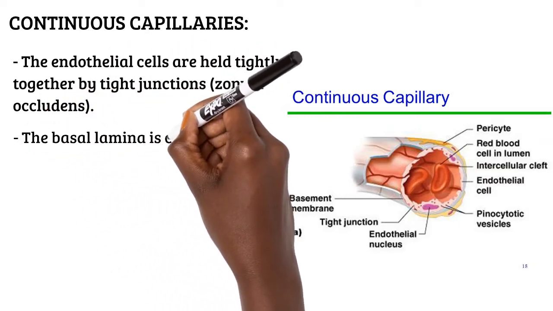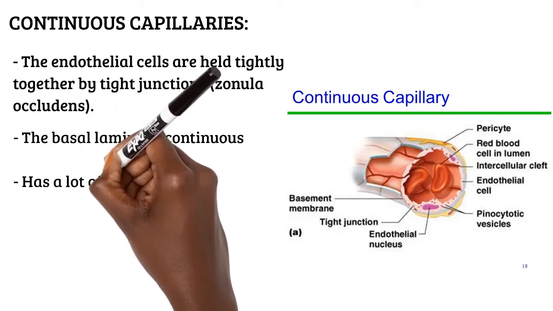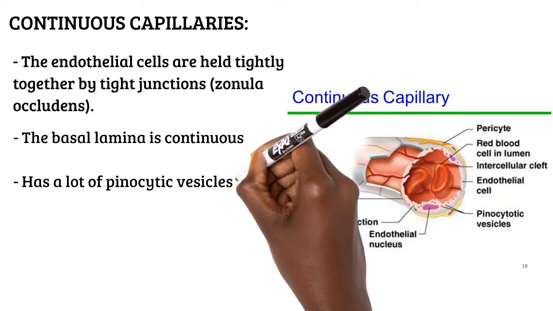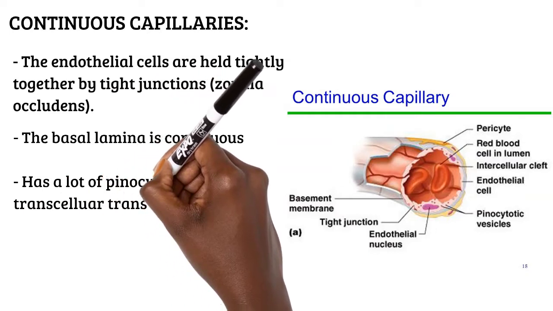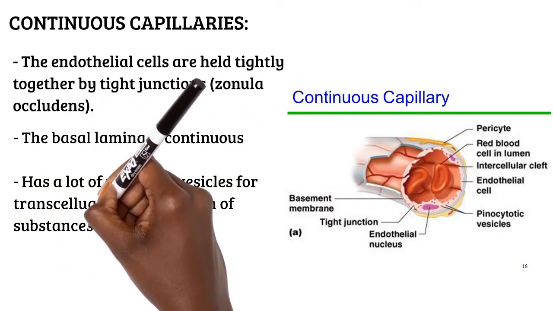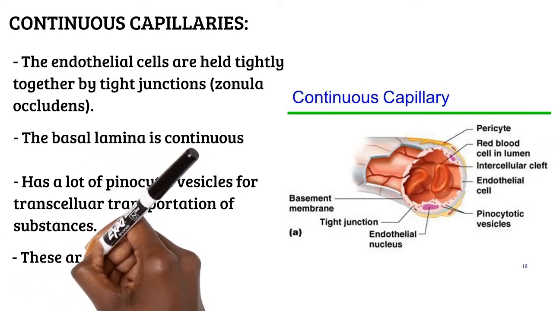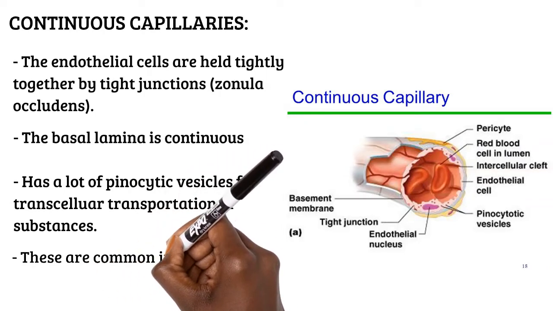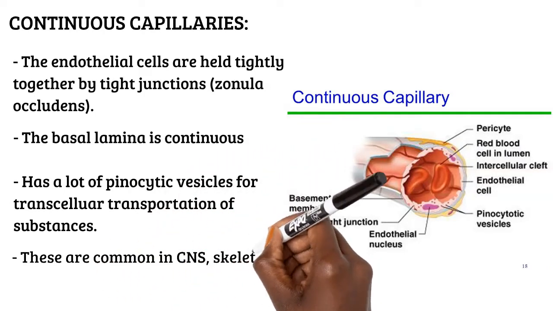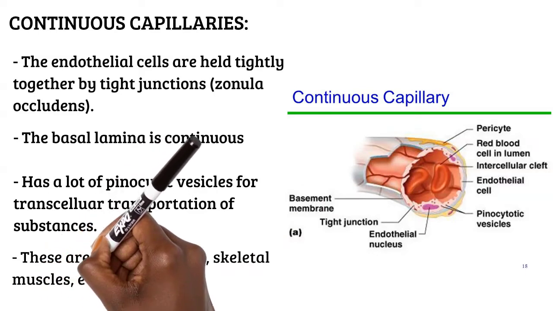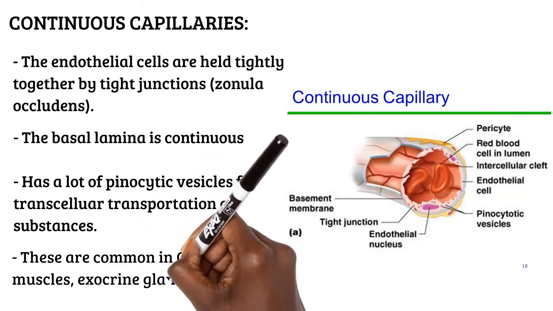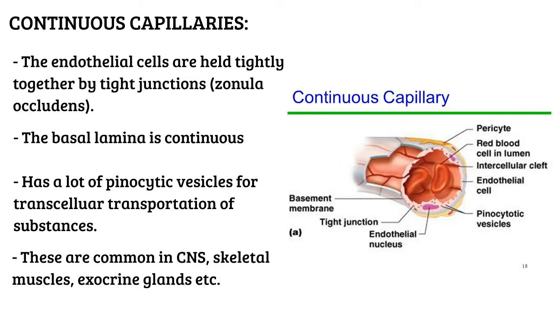Then the basal lamina is continuous. It has a lot of pinocytic vesicles for transcellular transportation of substances, that is, movement of substances from the apical to the basal area of the endothelial cells. These can be found in the central nervous system, skeletal muscles, exocrine glands, and so on.